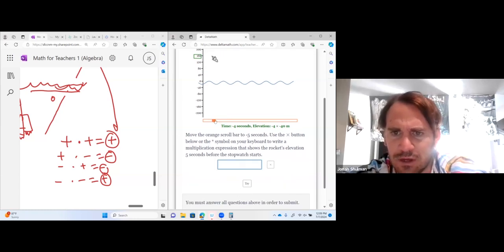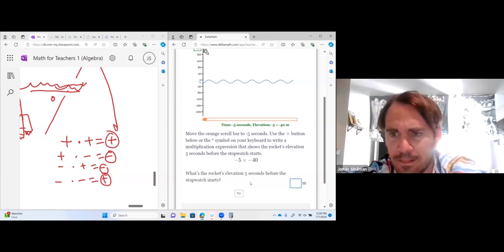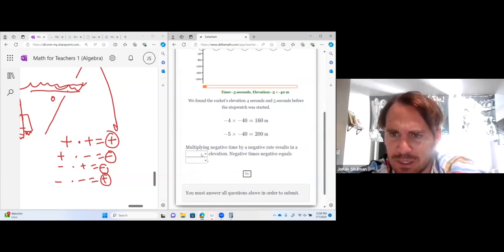Let's go to -5. Come on. Here we go. -5 times -40 is going to be a positive 200. So multiplying a negative by a negative results in a positive elevation.